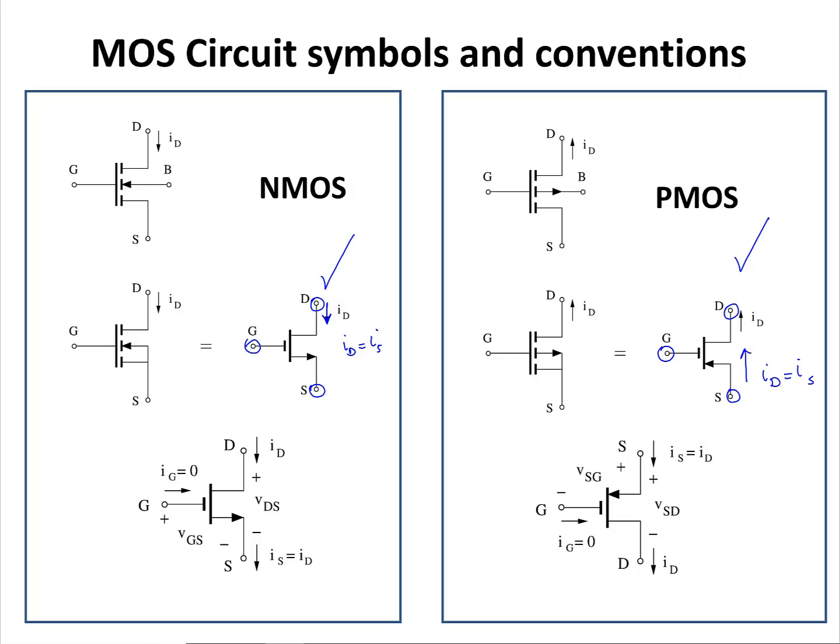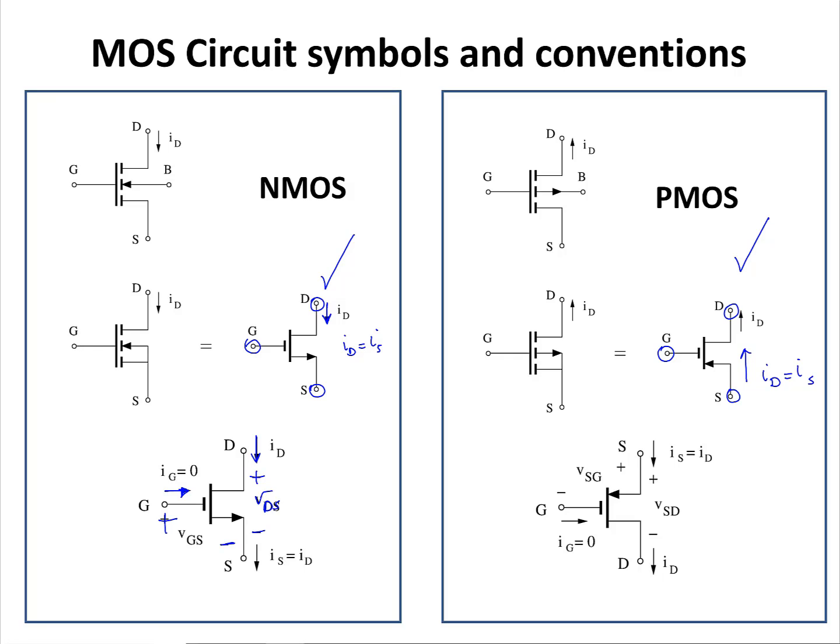Let's look at the labeling of the voltages for both NMOS and PMOS transistors. The gate to source voltage in an NMOS transistor, we're going to represent with VGS. Drain to source voltage, we're going to show with V sub DS. And this is again I drain. Because there's an insulator layer between the gate and substrate, I gate is equal to 0, so there's no current flowing from gate to the substrate.